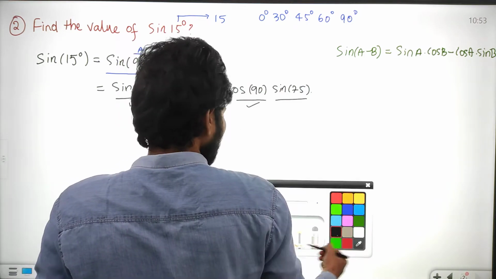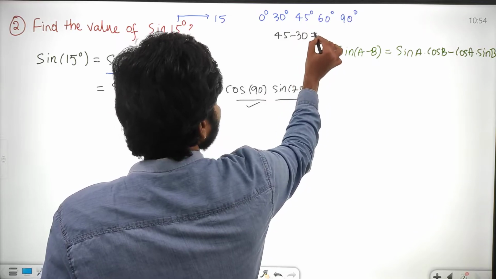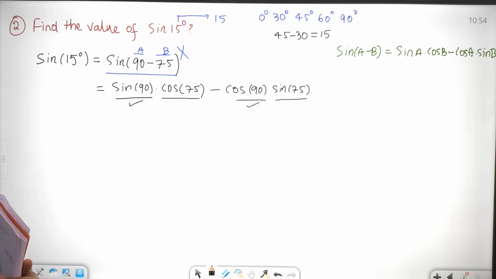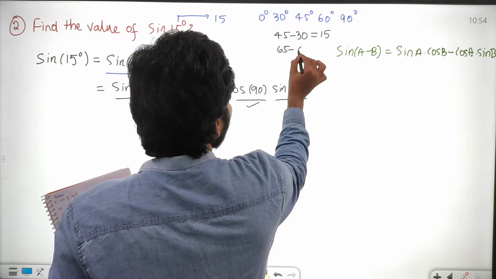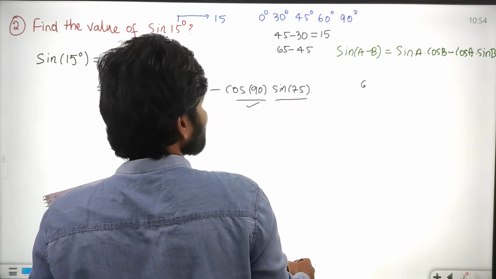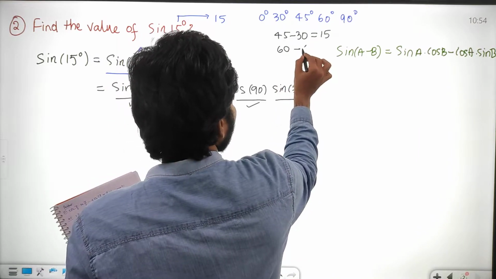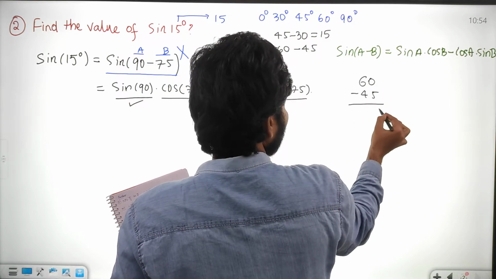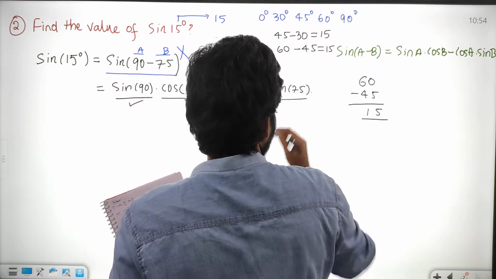How can we write it? See here. 45 minus 30, how much? It is 15. Right? And see, 60 minus 45, how much? That is also 15.